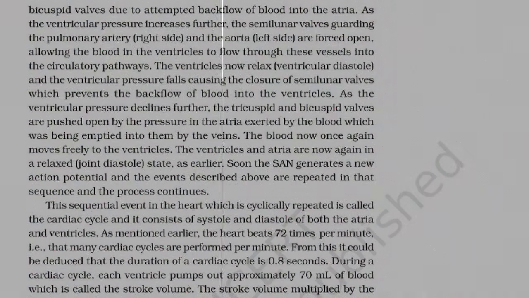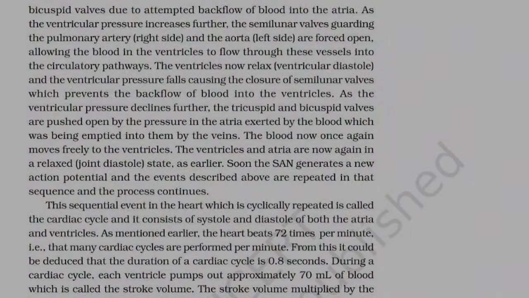As the ventricular pressure declines further, the tricuspid and bicuspid valves are pushed open by the pressure in the atria exerted by the blood which was being emptied into them by the veins. The blood now once again moves freely to the ventricles. The ventricles and atria are now again in a relaxed, joint diastole state as earlier.